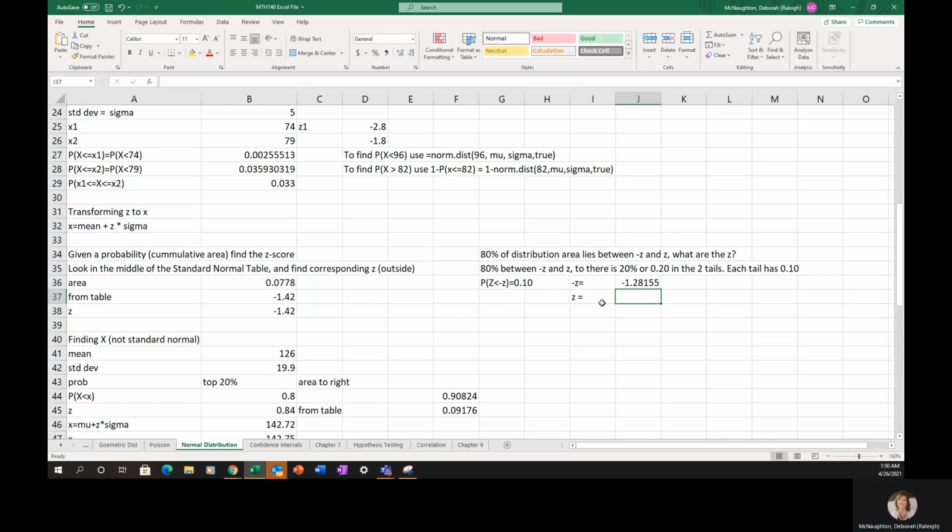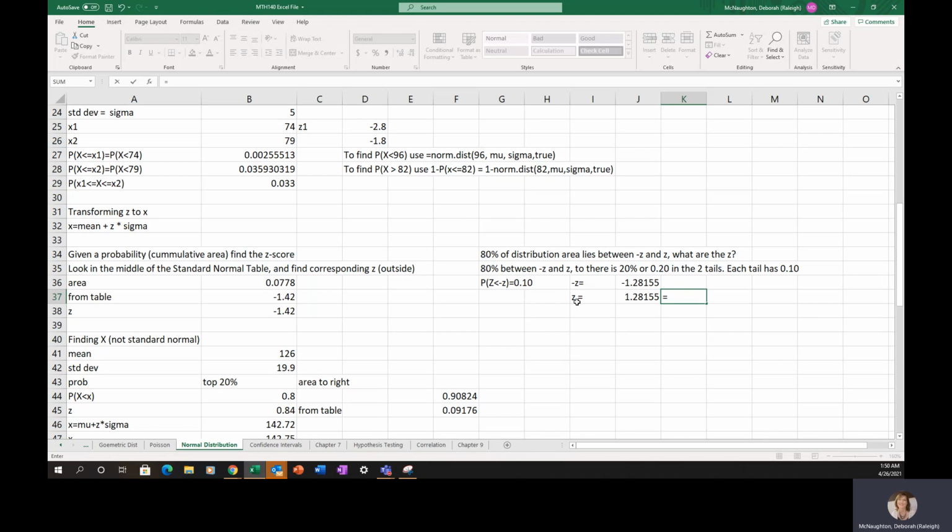is just the absolute value of this, right, because of symmetry. But I want to show you that that also equals, if I add the 0.1 that's in that left tail, along with the 80% that's between the two, this is the 90th percentile.